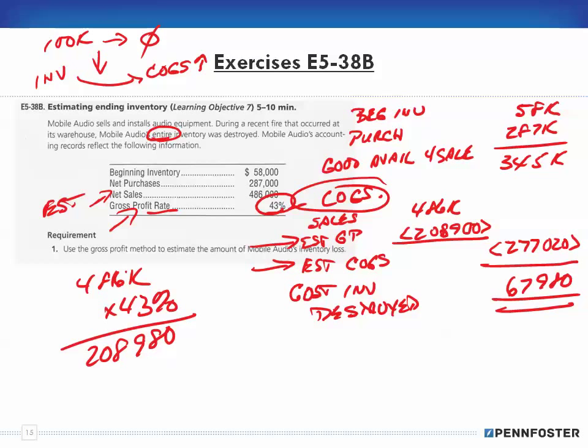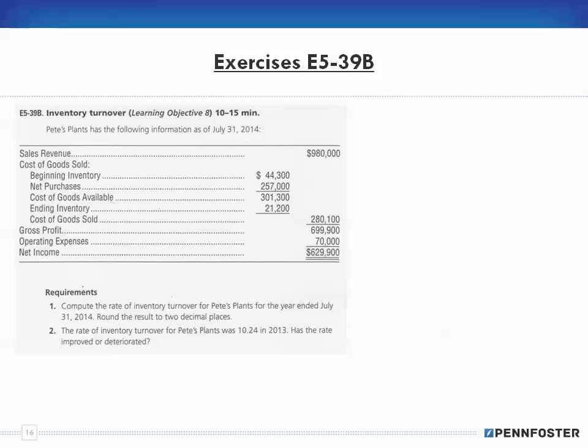All right, so that's that. Last problem. Inventory turnover. Pete's Plants has the following information for July 31st. Compute the rate of inventory turnover for Pete's Plants for the year ended July 31st. Round the results to 2 decimal places.